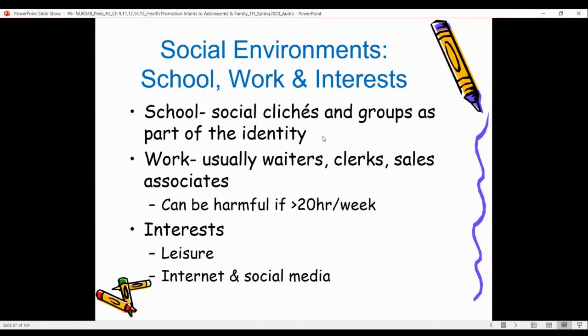The one other thing I didn't mention with the work, if they're working too much, I do sometimes have homeless families where the teenager is the one trying to pick up the bills because they have a job working as a waitress or whatever it is, and that is harmful for child development. We do want them to have that free time and that ability to be a kid, so we want to help address that and give them some of those social assistances that might be needed for that population.